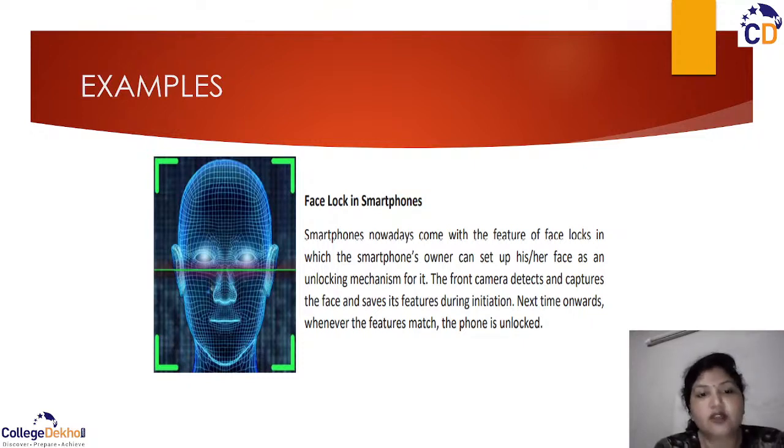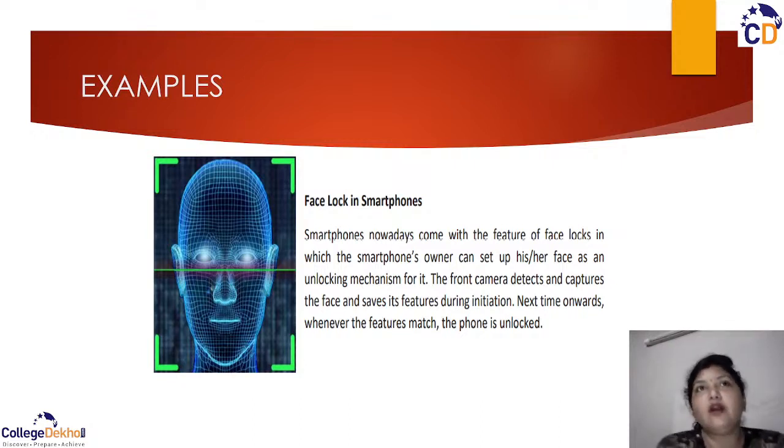So when you are training your model with images, you need to train it with all the patterns. Like if I'm taking my images, I'm taking my front face, my left, right, and the retina, everything as a pattern that is going to be fed into my machine, right? Next time onwards, whenever the features match, the phone is unlocked.